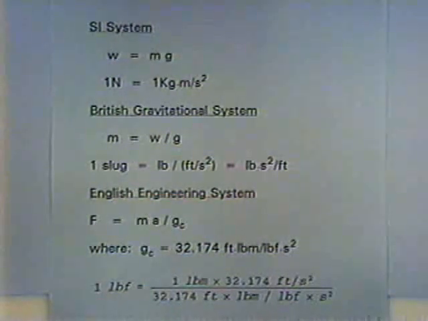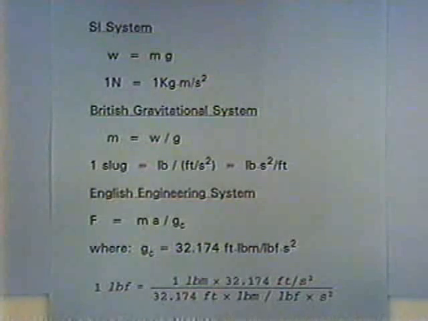If you're working in the British gravitational system, we can set the pound as our basic unit for force, and having done that and using feet per second squared for the acceleration of gravity units, we can define a slug as a pound times second squared per foot.